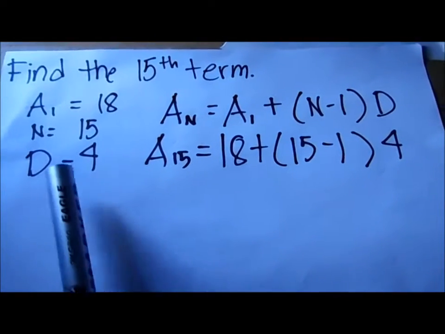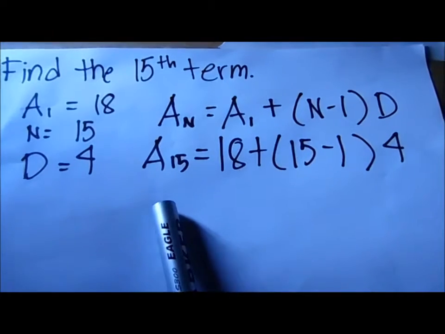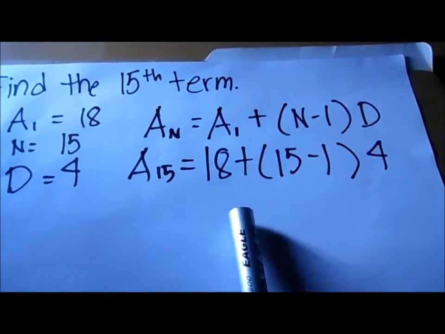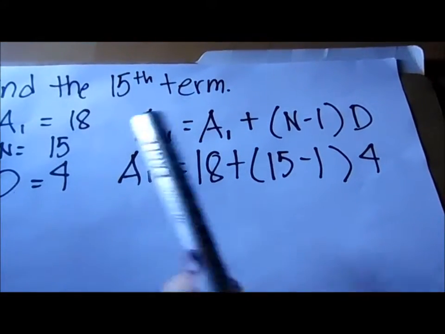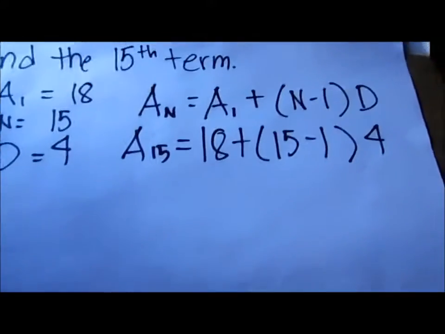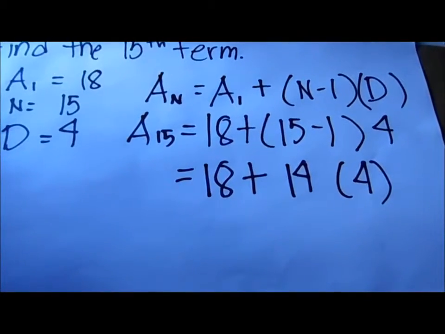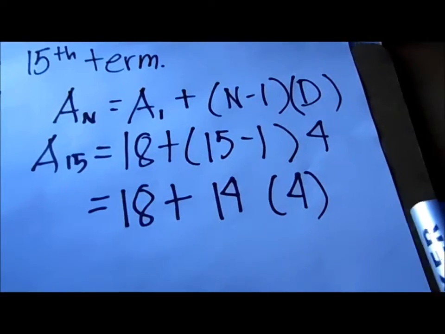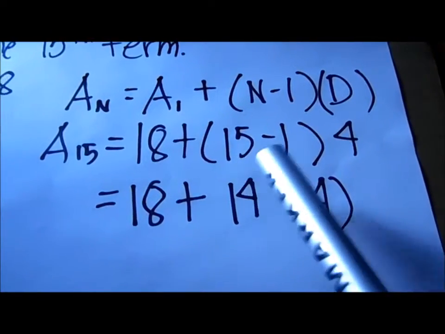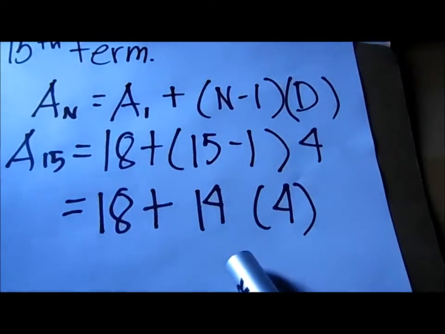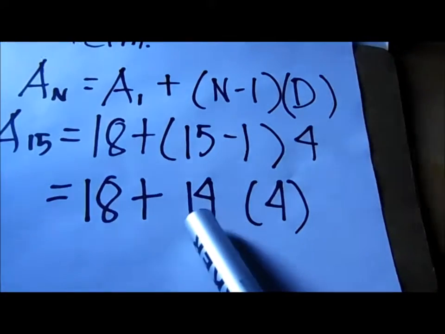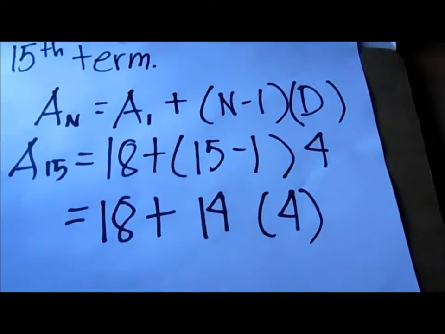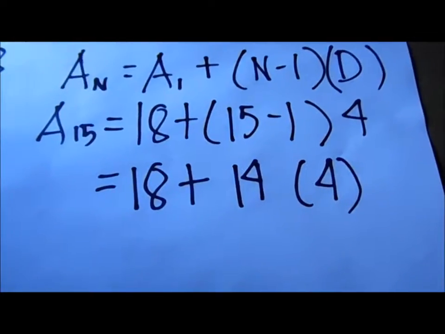So since we're looking for the 15th term, a_n is gonna become a_15, and 18 is our first term, and our common difference is 4. And that's what's gonna happen next. We're gonna subtract 15 minus 1 equals 14, then multiply that by 4.